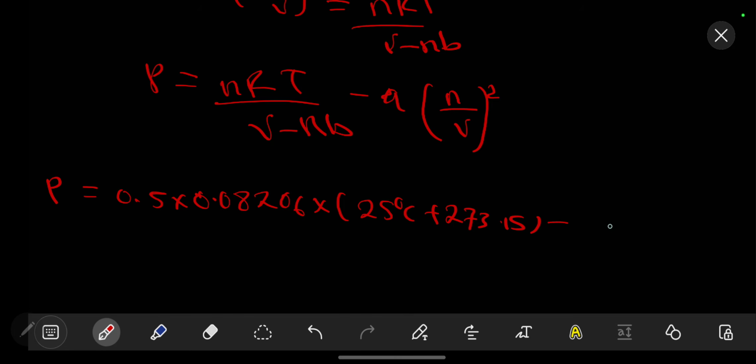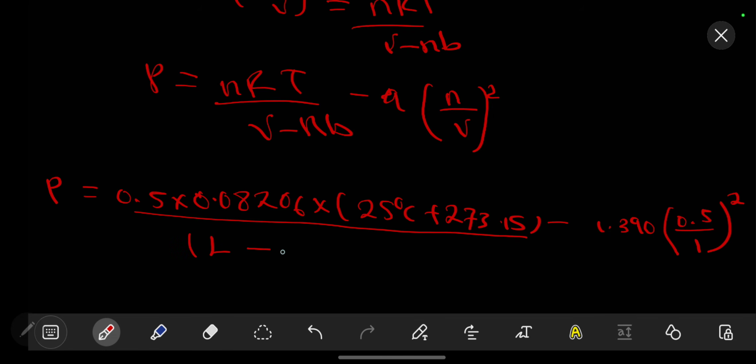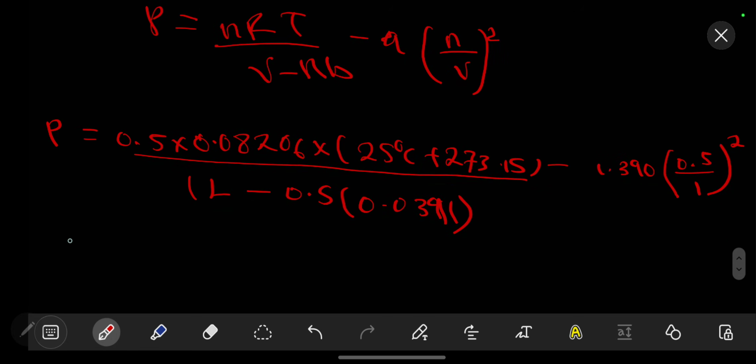According to the constants that they have given us, a is equal to 1.390. Then we have our number of moles, 0.5, over the volume, 1 liter, and we square this. Then we divide by 1 liter minus the number of moles, 0.5, times the b constant. The b constant was given as 0.03191.